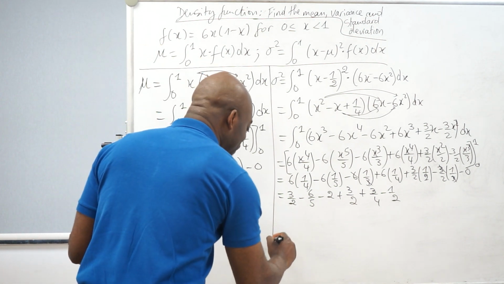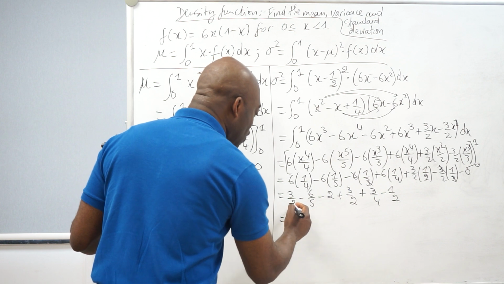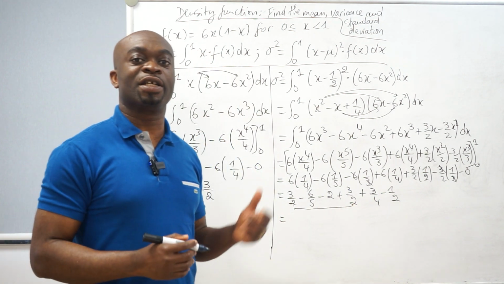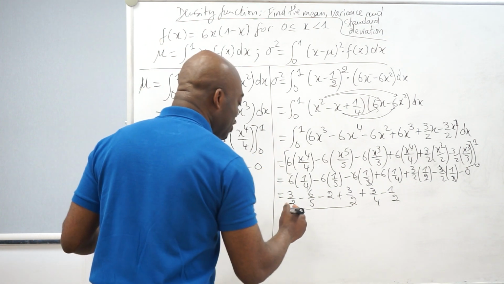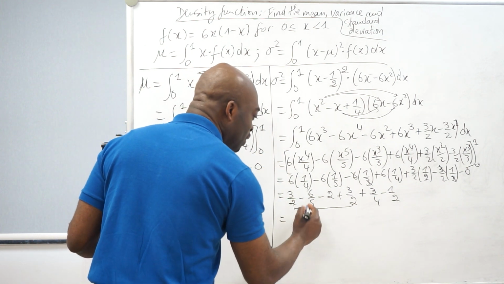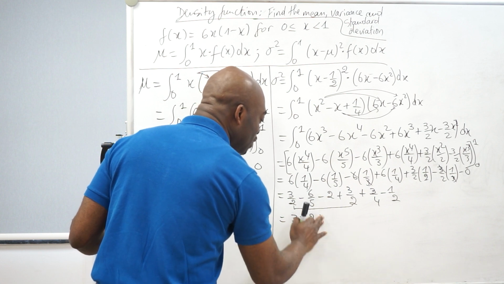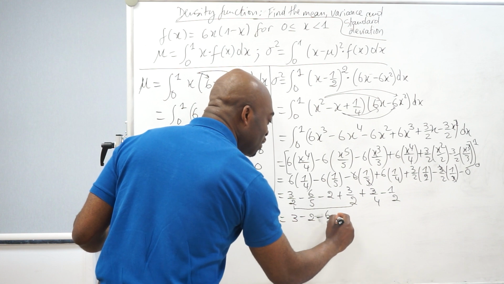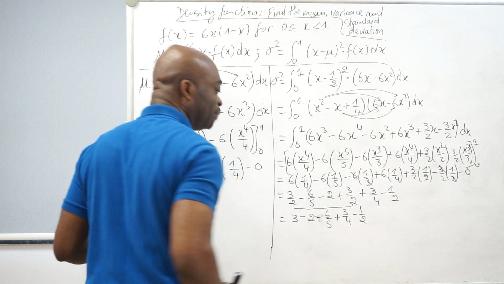And then we got to combine now. So we can combine 3 over 2 and 3 over 2. That'll give us what? 6 over 2. And 6 divided by 2 is going to give us 3. So it's just a 3. So that'll be 3 minus the 2 here. Then minus 6 over 5 plus 3 over 4 minus 1 over 2.